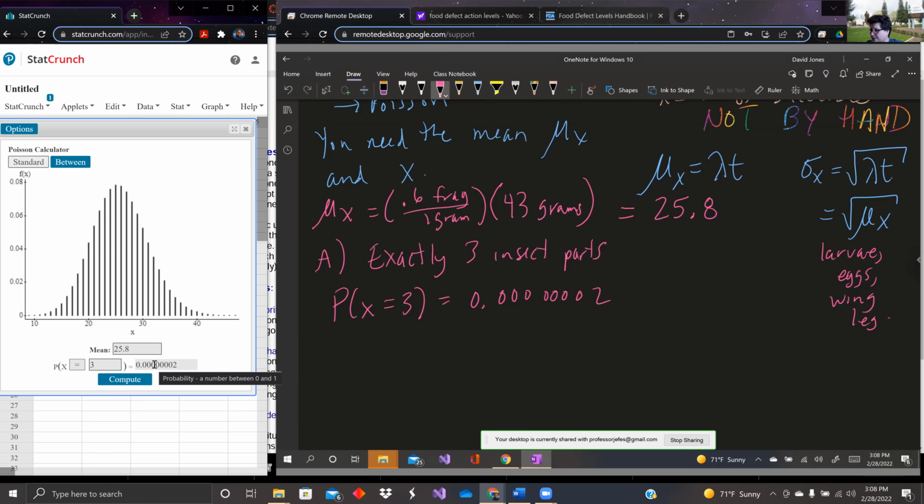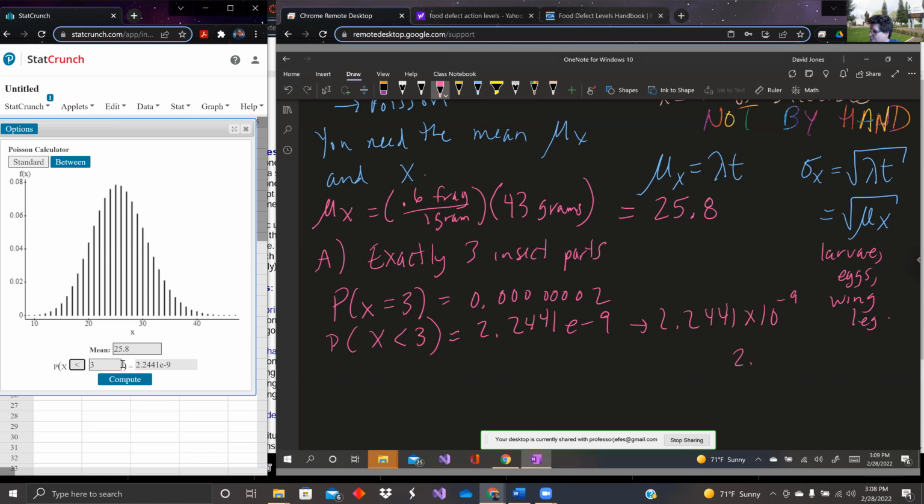What about fewer than 3? Fewer than 3 would be X is less than 3. That's even worse. It says 2.2441 E minus 9. This means 2.2441 times 10 to the negative 9. And when dealing with the 10 and exponents, it tells you how to move the decimal point.